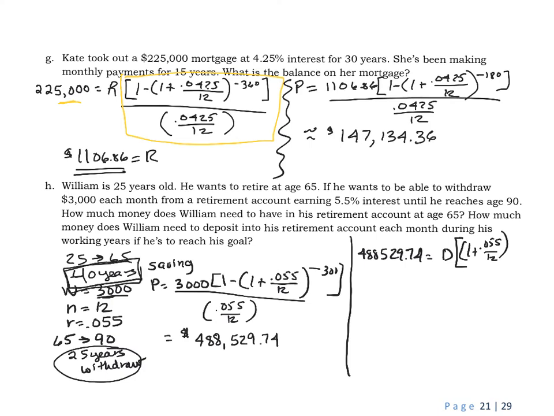He started saving when he's 25 till he retired at 65. So that's to the 40th, oop, that's a lie. 40 times 12 is 480, power minus 1, and then we'll divide by 0.055 divided by 12. Okay, so once I figure out all of this quantity, and we remember do not round, I get the deposit to be $280.60.